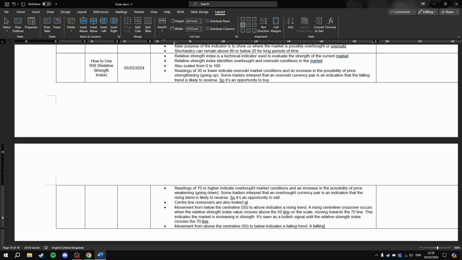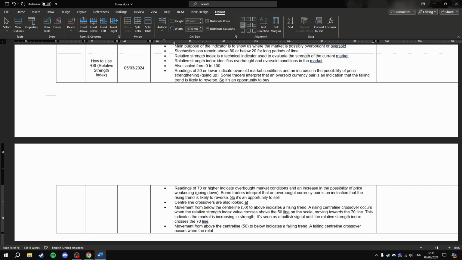A falling centerline crossover occurs when the relative strength index value crosses below the 50 line on the scale, moving towards the 30 line. This indicates the market is decreasing in strength.